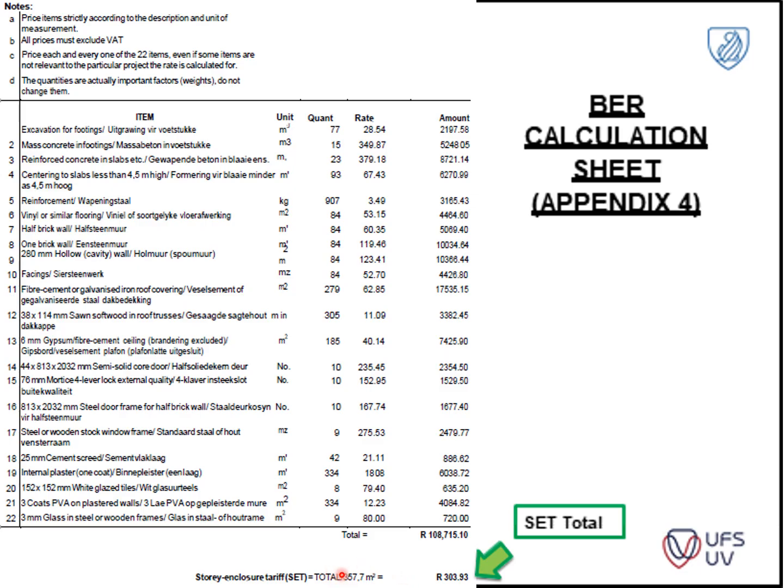Very importantly, when you divide this total, it's always by the standard provided here. In the example provided, you keep the quantities the same, you only amend the rates to get to your new adjusted store enclosure total tariff that's divided by the 357. It's based on a standard building whenever you're calculating your store enclosure tariff.